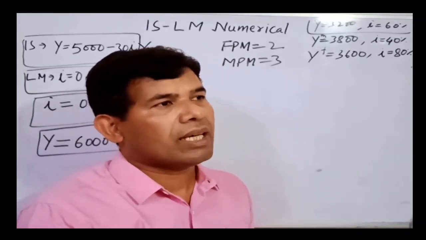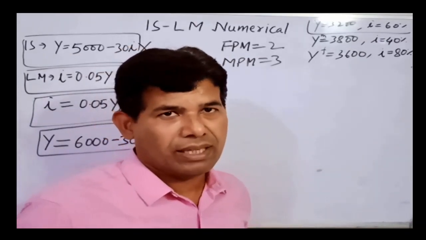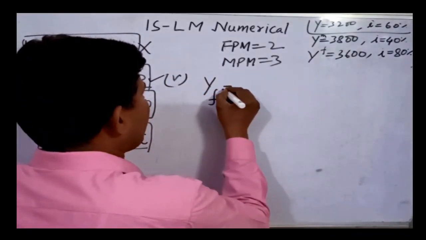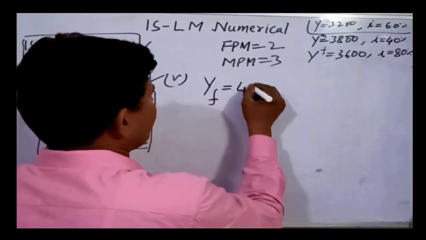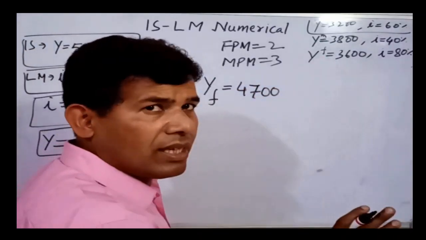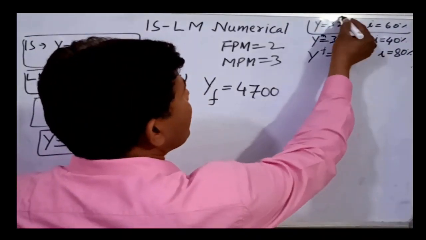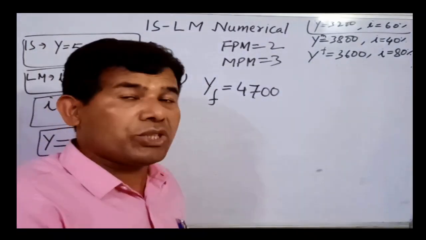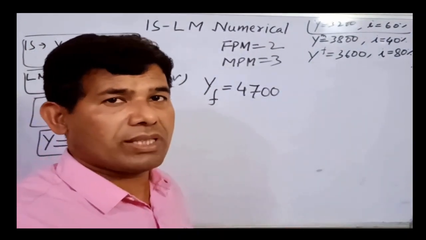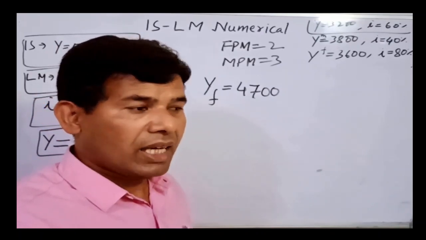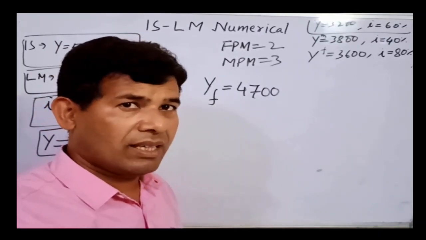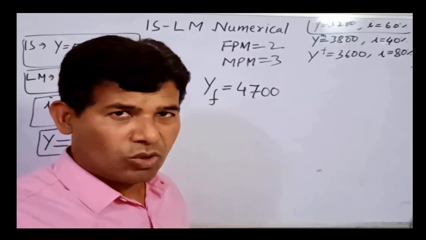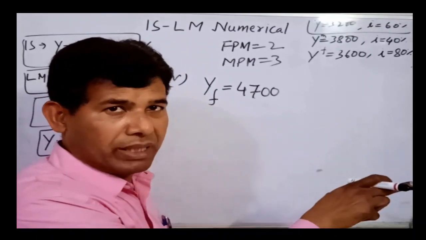Economists have estimated the full employment level of output, which is mentioned in the question as 4,700, and suppose you are at the initial equilibrium level of income and you have to achieve this full employment level of output using only fiscal policy.